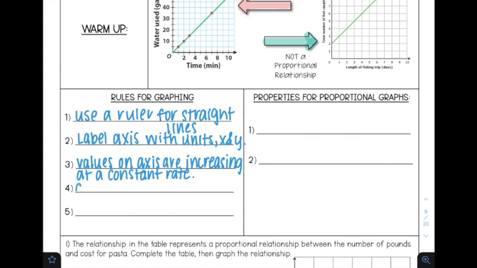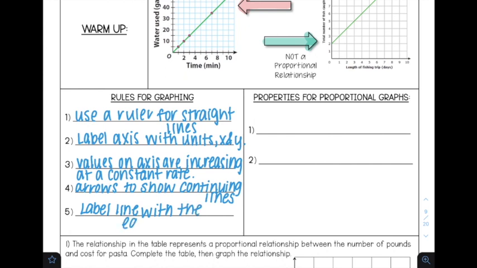So make sure you show arrows to show continuing lines. And then label your line with the equation. So y equals k times x.